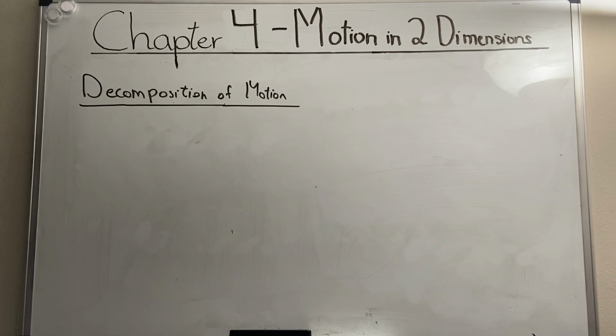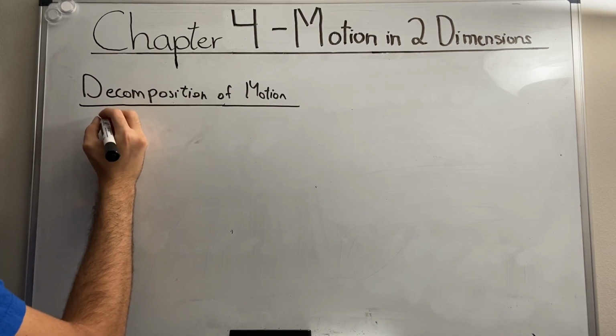So motion in 2 dimensions can be modeled as 2 independent motions in each of the 2 perpendicular directions associated with the x and y axes. That means that any influence in the y direction does not affect the motion in the x direction and vice versa. So we're going to write that down.